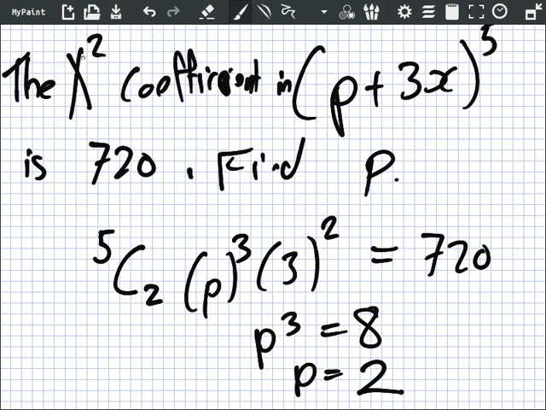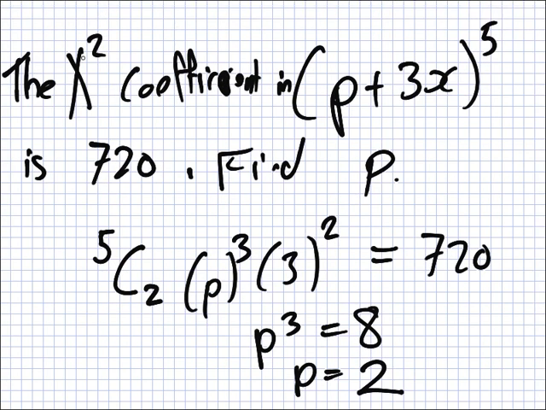But if you open the p plus 3x, it is different. How can I choose the 5C2?